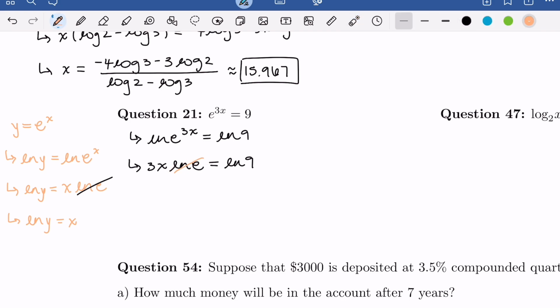So we're just going to end up with 3x is equal to ln of 9. Now we want to solve for x, so we're going to divide by 3 on both sides. We're going to get ln of 9 over 3. From here we can just plug this into our calculator, and this is going to give us approximately 0.732.